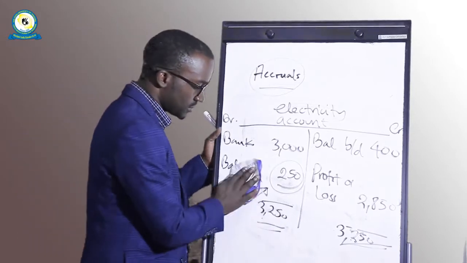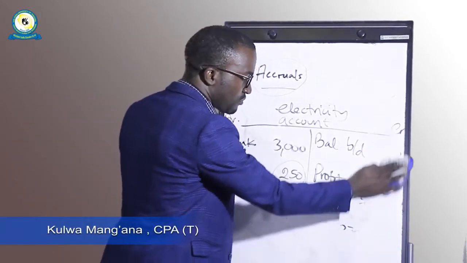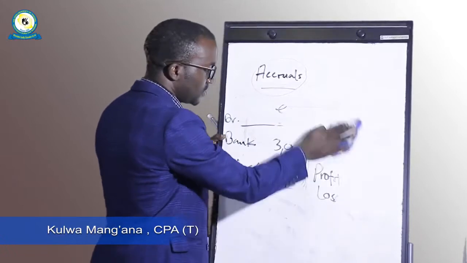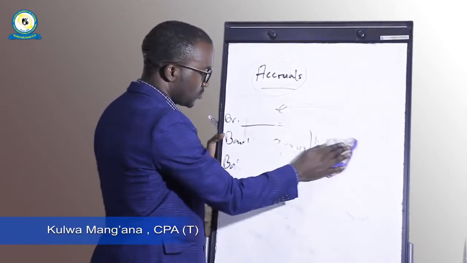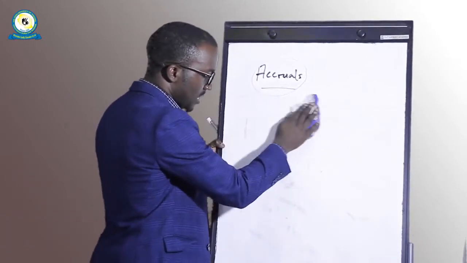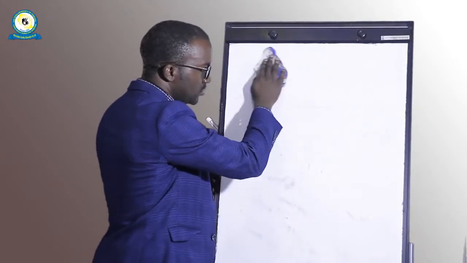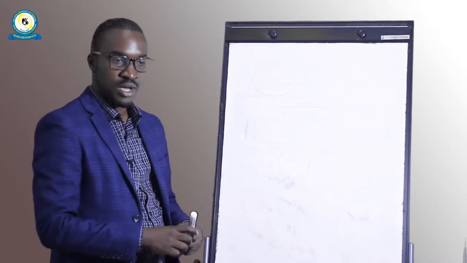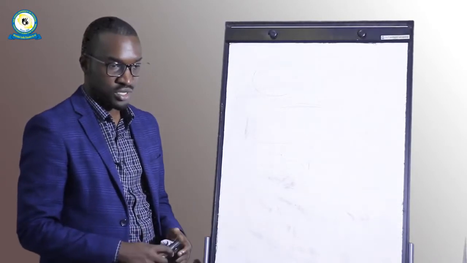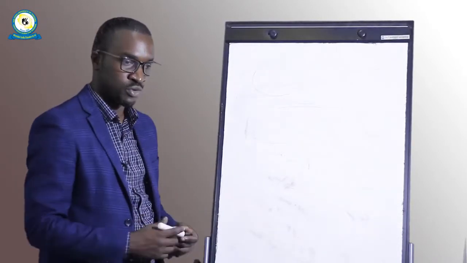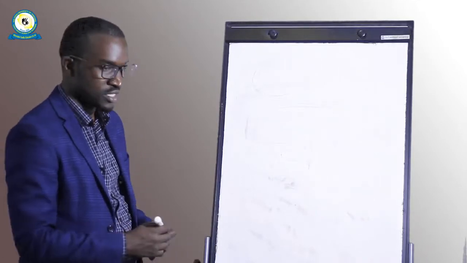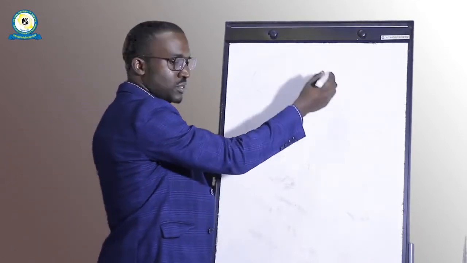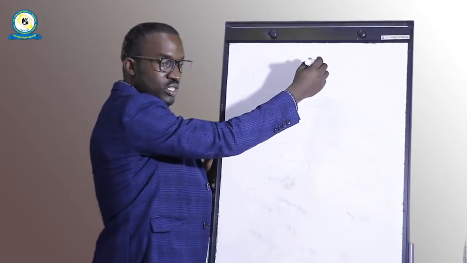So you can even come up with an extract of an income statement or balance sheet. Sometimes you might be asked to draw an extract. Sometimes you might be told in exams to prepare an extract of a balance sheet, or an extract of a profit and loss account, or an extract of an income statement. So this is what you're going to do. This is an extract, so you can even write an extract.